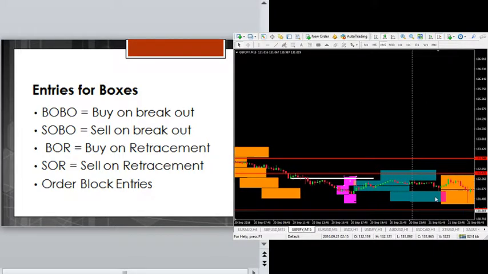Pressing F12. Now this time, as you see the candle here, the price breaks the main box of the pre-Asian, and I would consider a sell, taking profit with 100% or 50% of this box. So again, I'm going to extend this box just to show you that the price reached the 50% or the 100% of the box.